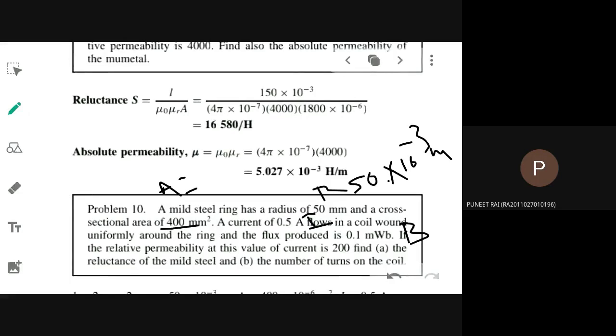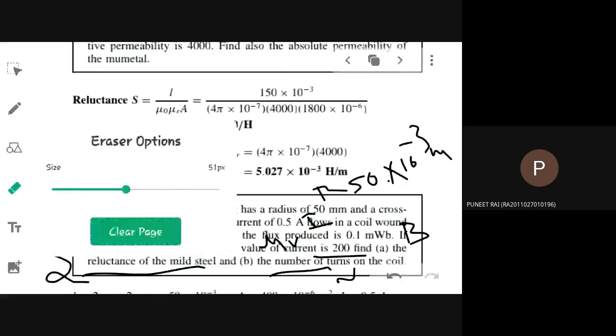And relative permeability mu r they have given. They have asked you the reluctance of mild steel and N. Try to solve the problem. Problem 10, solve.